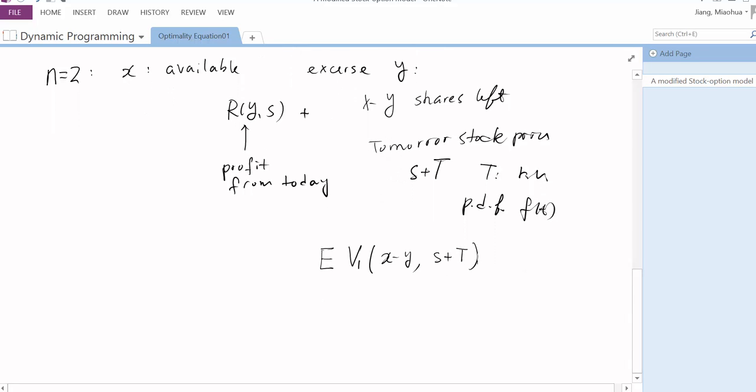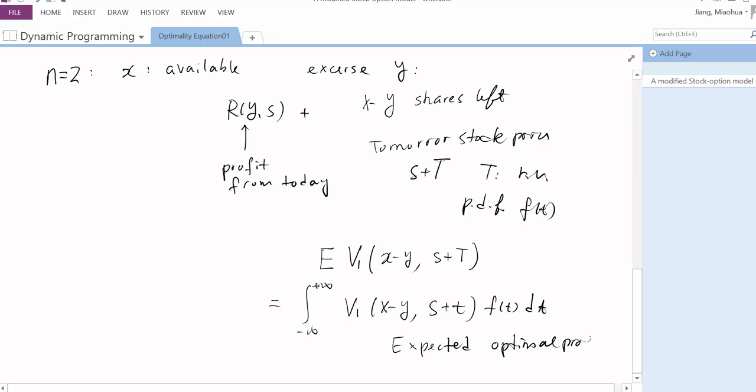And if we want to write down a complete formula, expected value means the integral from negative infinity to positive infinity. And we have V1 of X minus Y and S plus T. We change to lowercase t and multiply by f of t, the PDF, and dt. So that's the expected optimal profit from tomorrow.